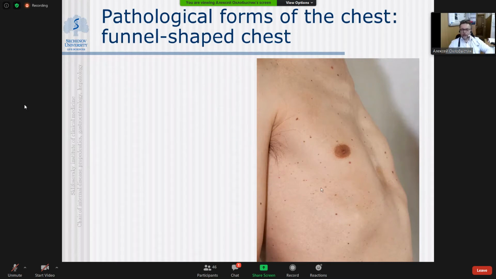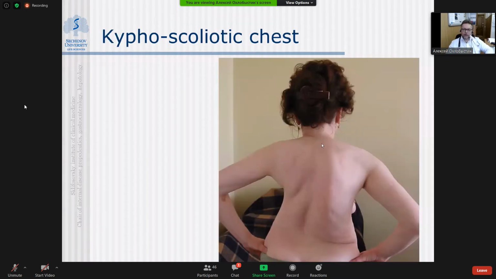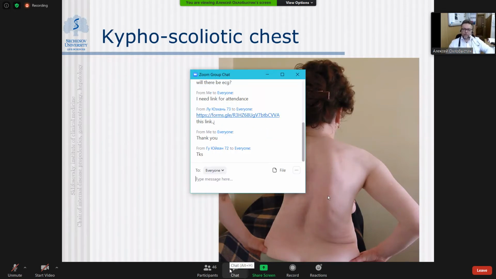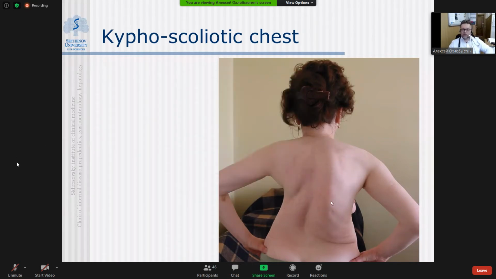But if patient, let's say, will start smoking, if patient will develop pneumonias, then definitely there will be much more severe progression of those. That's combination of scoliosis, sideways deformity of the spine, and kyphosis, forward deformity of the spine, resulting in development of severe restrictive disease.